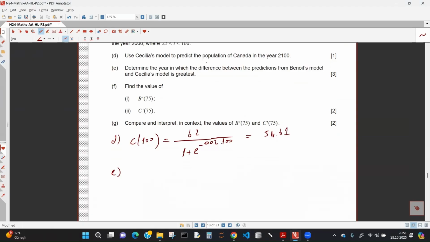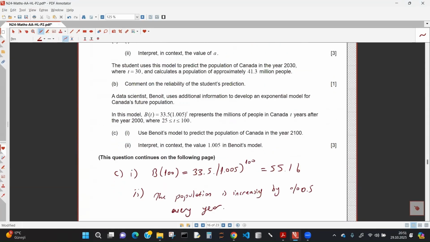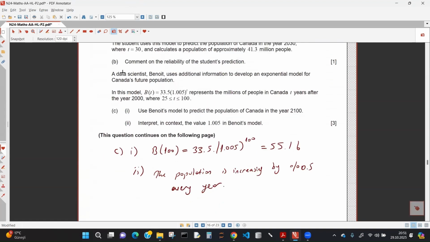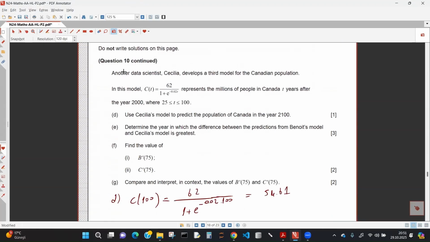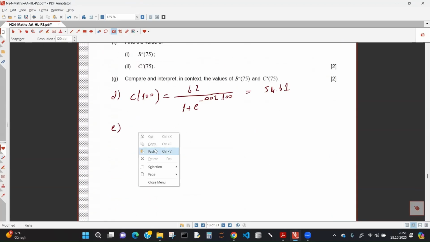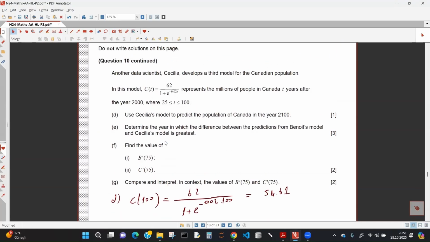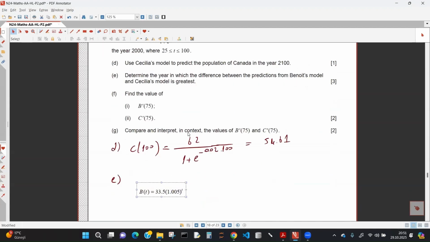Determine the year in which the difference between the prediction from Benoit's model and Cecilia's model is greatest. So I will take this first, and the other one.